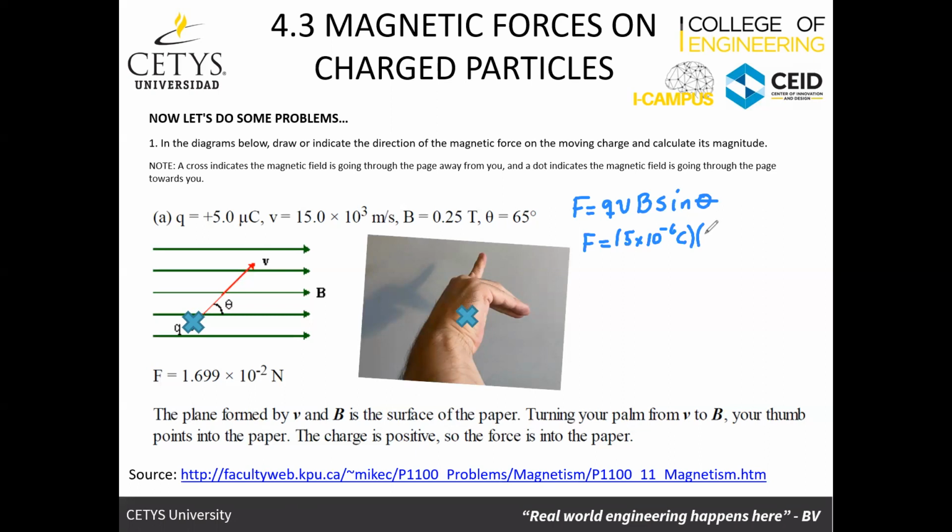The charge is moving at 15 times 10 to the 3 meters per second. The magnetic field is 0.25 Teslas. And the angle is 65 degrees. So it's going to be sine of 65 degrees.